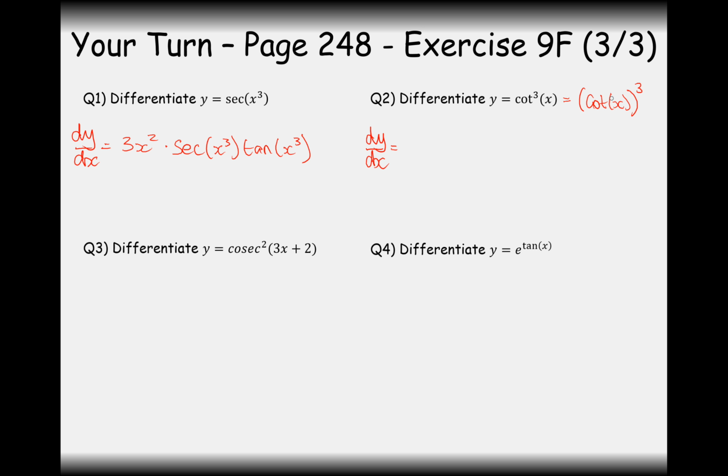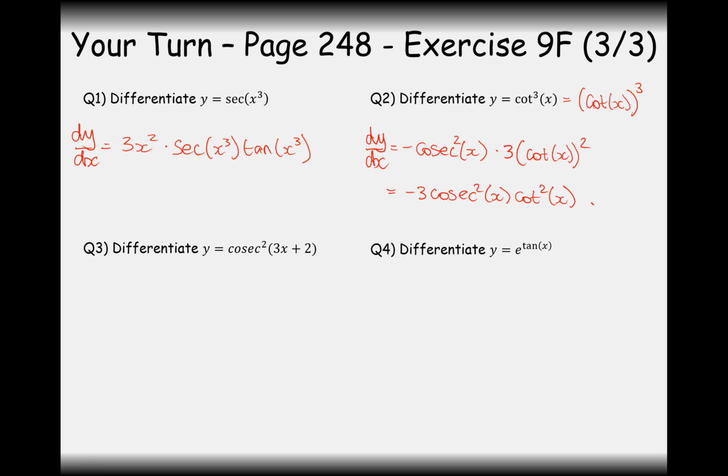Now the inside function that we have to differentiate first gives us minus cosec squared x, and then we're going to times this by the derivative of the outside function, which is the cubed function, so that will give us 3 cot x squared. So our final answer here is going to be minus 3 cosec squared x cot squared x. And there we are, that's the answer to question number 2.